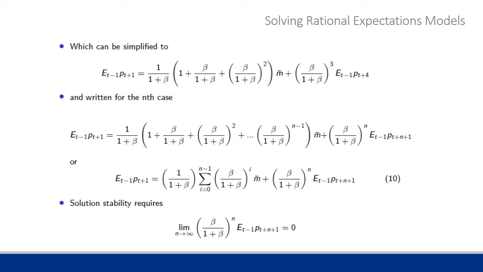Now we can see that we're never going to get rid of that term, t plus n plus 1. So in order to do so, we can impose some constraint on the model.